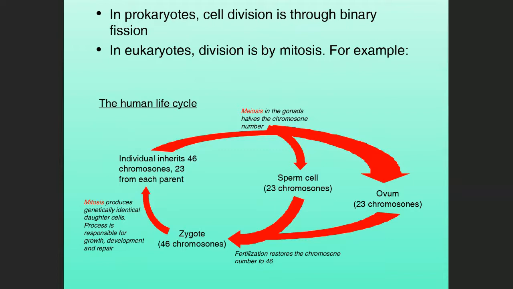For example, in the human life cycle, you see here, this is the individual which has 46 chromosomes.